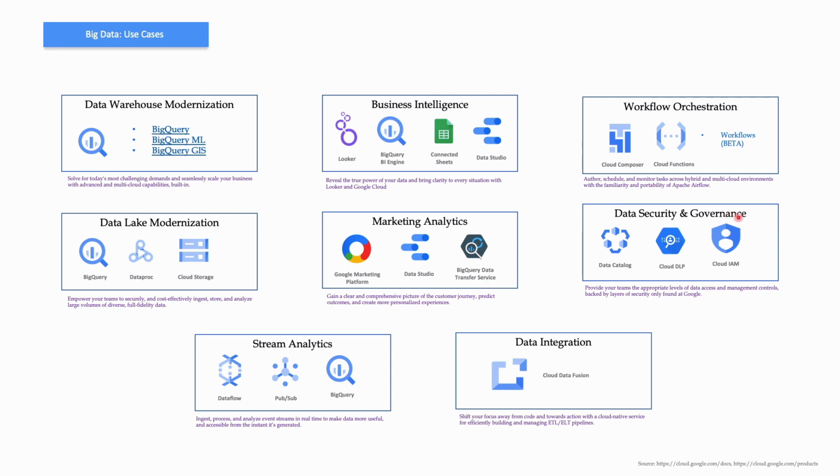Data security and governance is a very important part of it. Data catalog, we talked about, which helps you search your technical as well as business metadata. Cloud DLP, we look at it during the security section. And then Cloud IAM, which has a native integration in terms of security and governance.